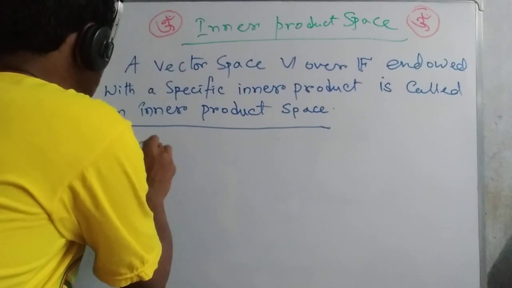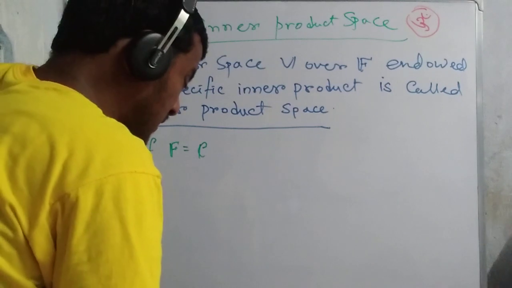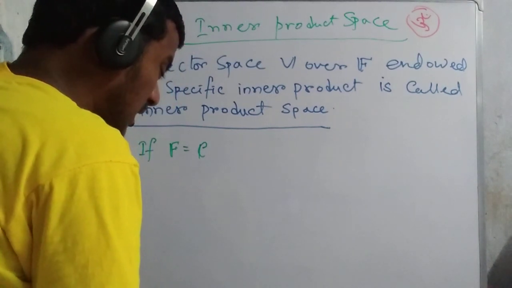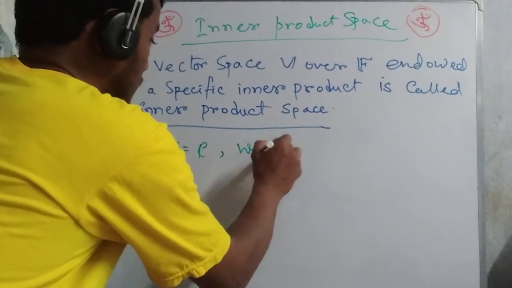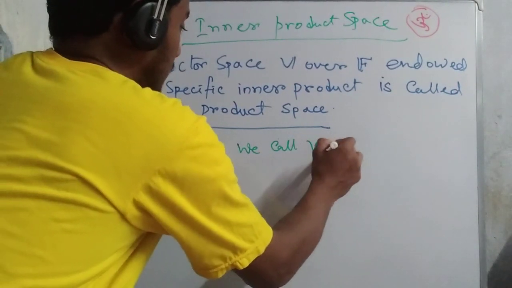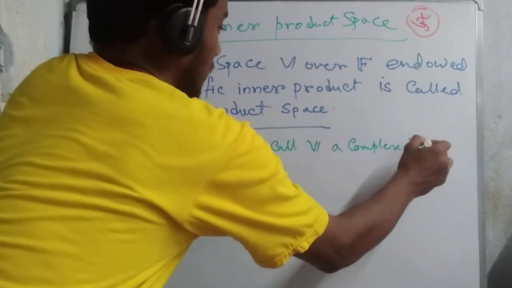If F equals C, then we call V a complex inner product space.